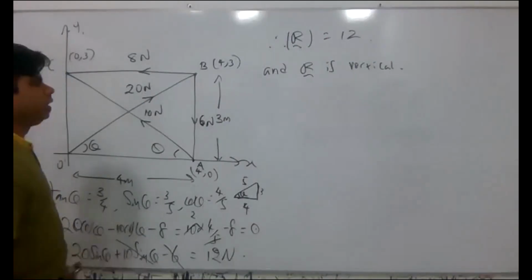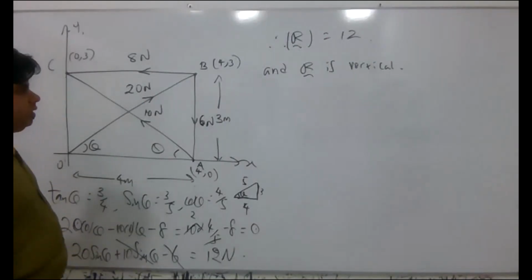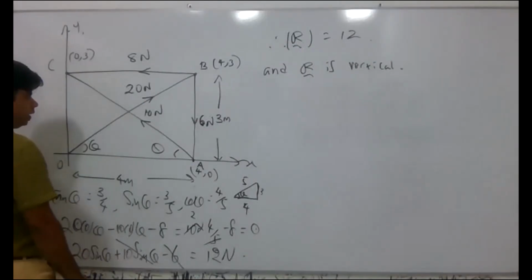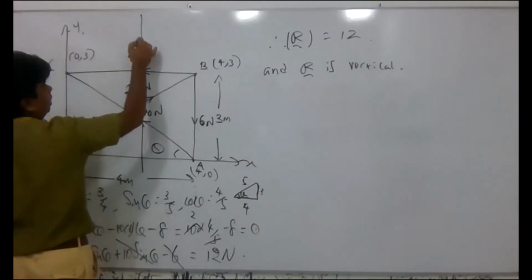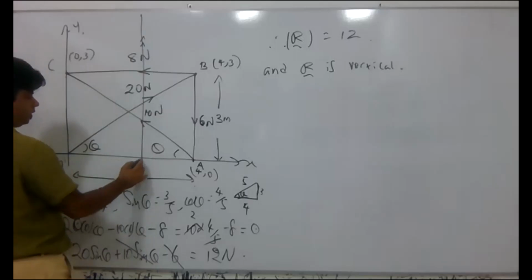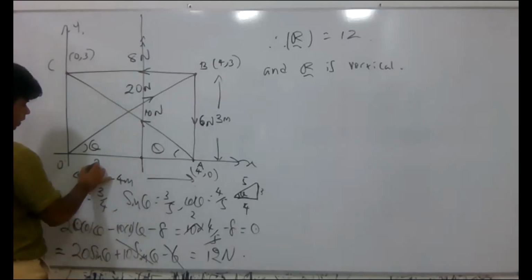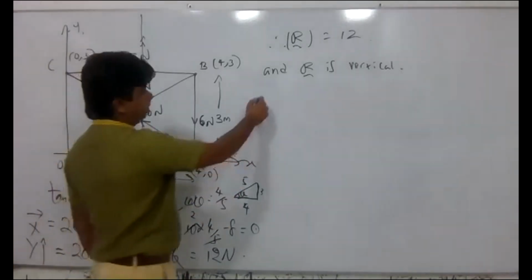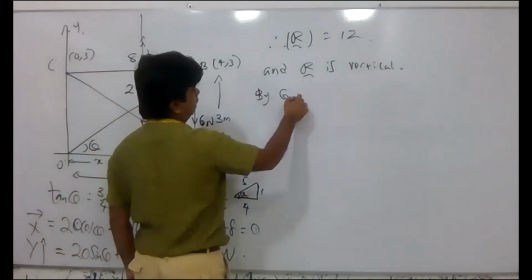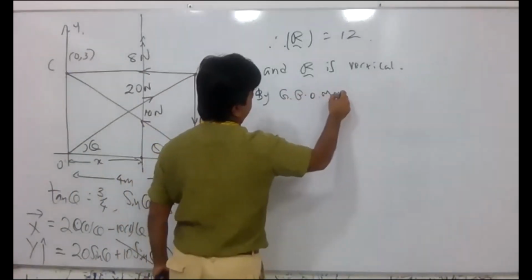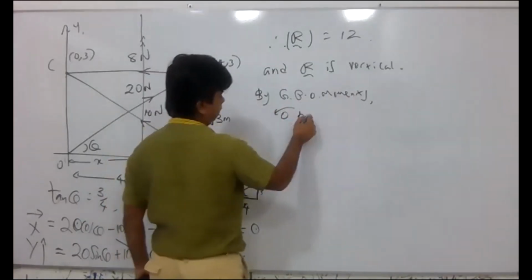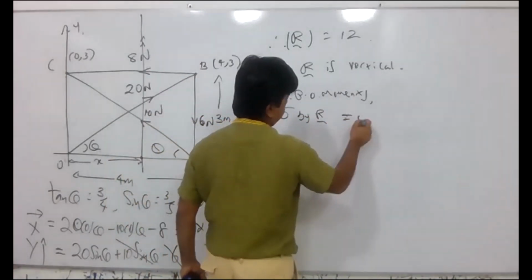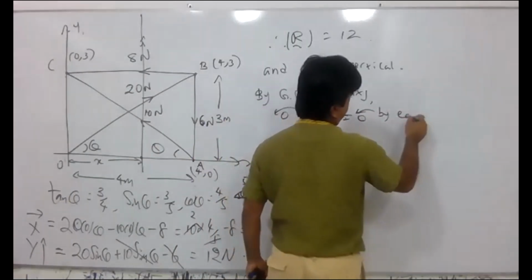Now we want to find out the line of action. In this case, it's very easy, no? This is the line of action of the resultant. I'll take this as x. Then by the general principle of moments, moment about O by R equals moment about O by each force.